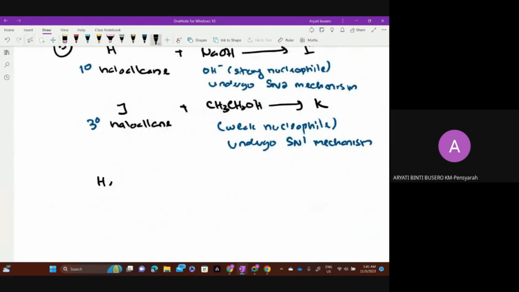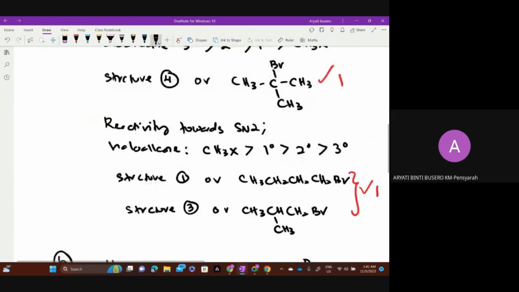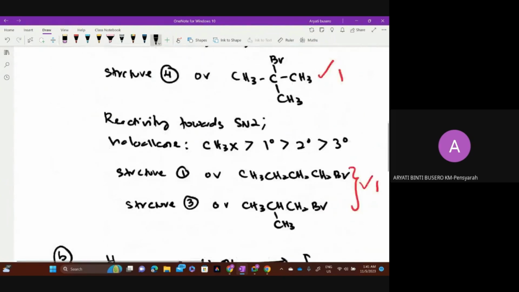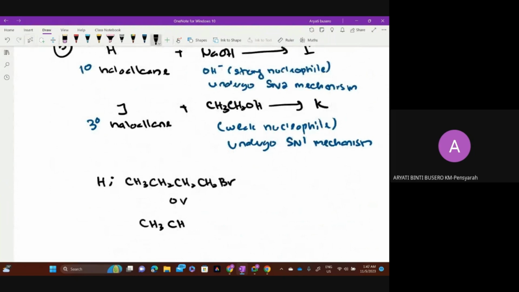So lukislah kat sini. Structure number 1 ialah CH3, CH2, CH2, CH2, Br atau CH3, CH, CH3, CH2, Br. So dua-dua ni both primary haloalkane.